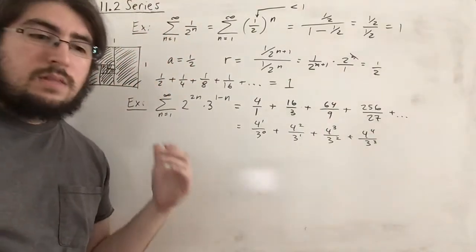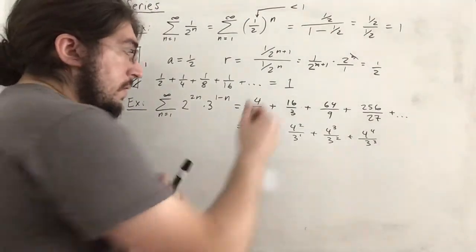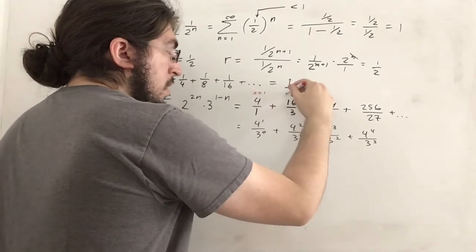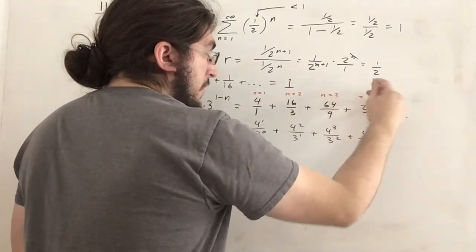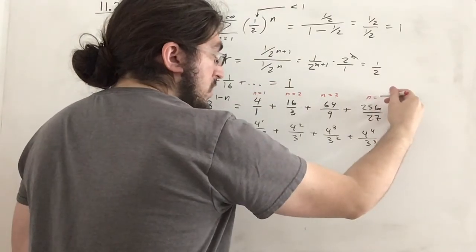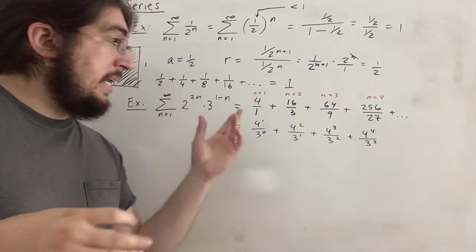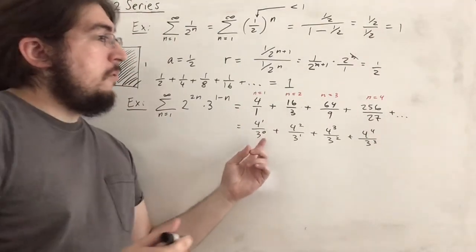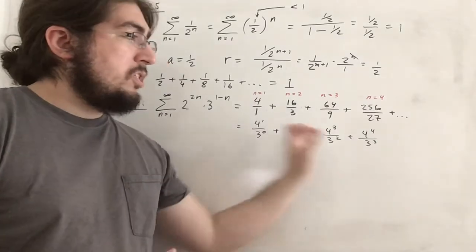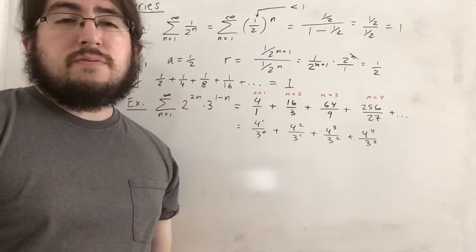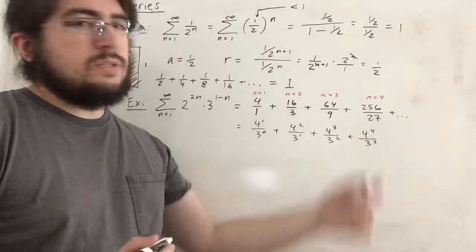Now, the indices we're working with are 1, 2, and 3. So to get a better handle on what the sequence is doing for each index, we want to compare to the index we're at. Namely, I want to write 0 in terms of 1, 1 in terms of 2, and 2 in terms of 3. So what's changing here, on the top is a power of 4, that's fine. But on the bottom is a power of 3, and it doesn't quite look like these numbers in red.